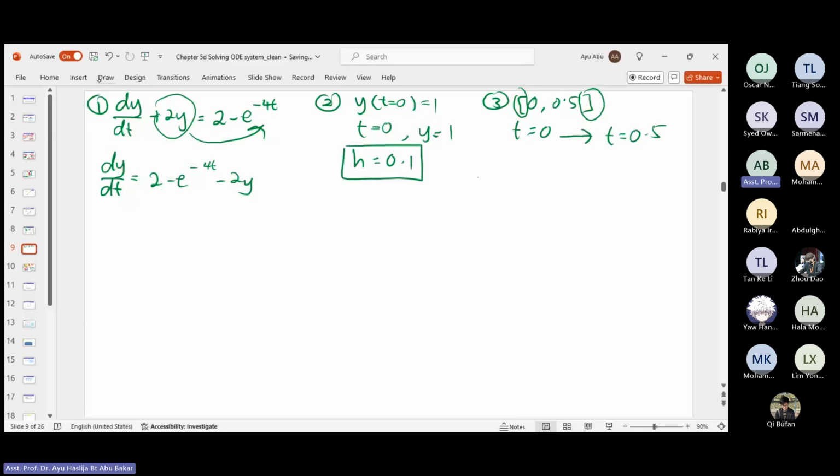So we know the Euler's equation that we need to use. Make sure it is the correct equation.